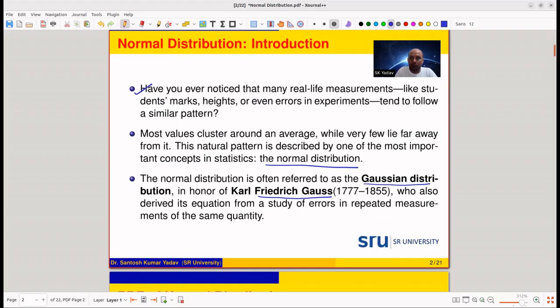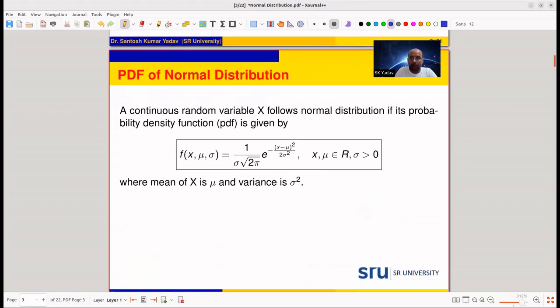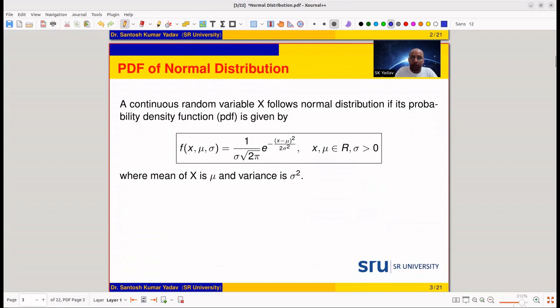So let us see what is the probability density function for this distribution. Here x is a continuous random variable, and it follows normal distribution if its PDF is given as in the given box. So we have f of x, mu comma sigma equal to 1 upon sigma root 2 pi exponential minus 1 by 2 x minus mu upon sigma whole square, where x and mu are real numbers and standard deviation sigma is always positive.